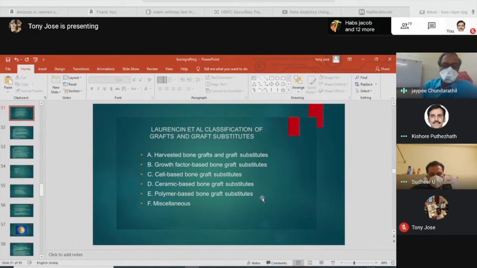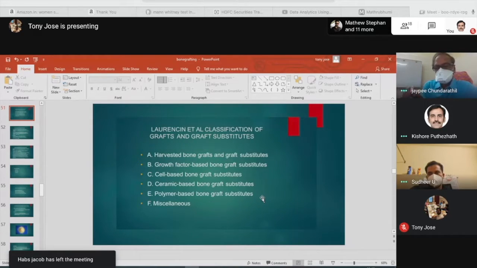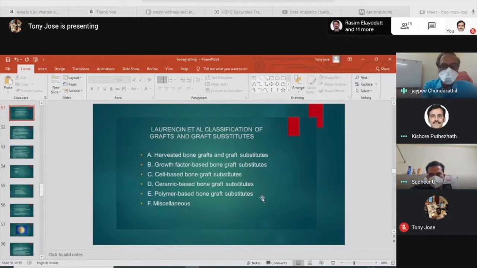But regarding the next one, growth factor based bone graft substitute, tell us one which is easily available with us and its important property. And like that, you may go all the way up to miscellaneous polymer based and miscellaneous one. Because at the end of the day, it's a large topic, but at least the candidate or the student must remember one item at least from that and its important function.